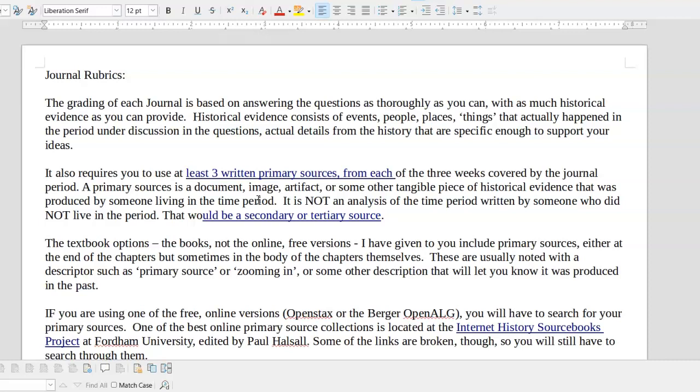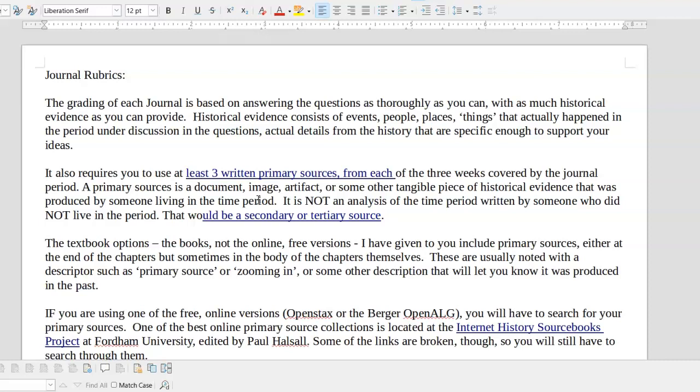So if you are going to be late with it, in order not to have the 10% per day penalty on it, you need to let me know prior to the due time, and you need to have a legitimate and valid reason for it not to be on time. All right? So just getting all of that out of the way first up.